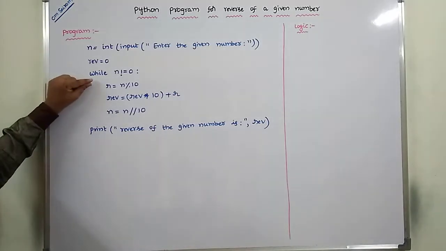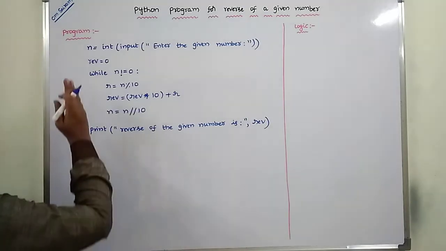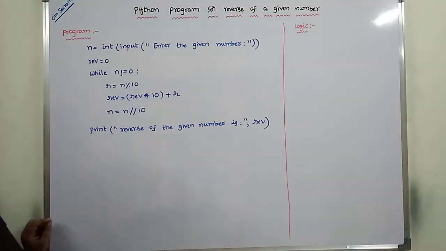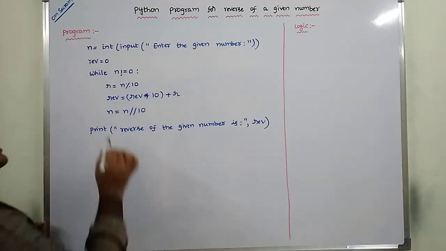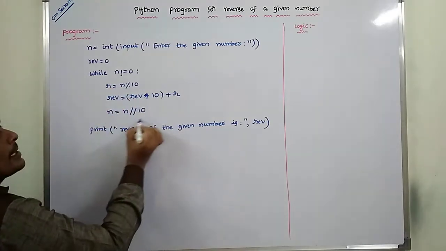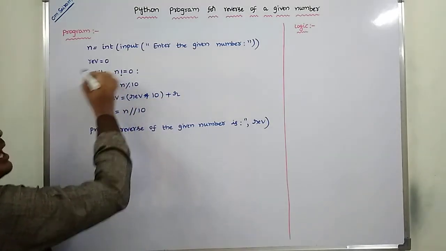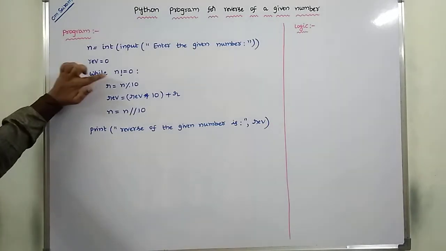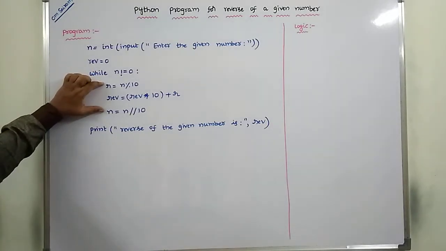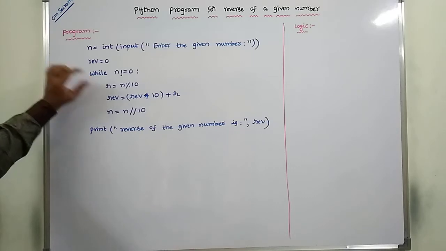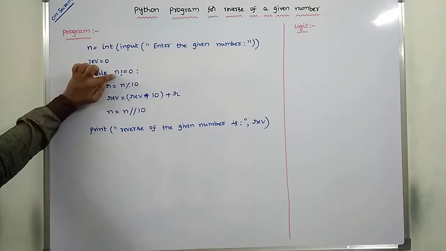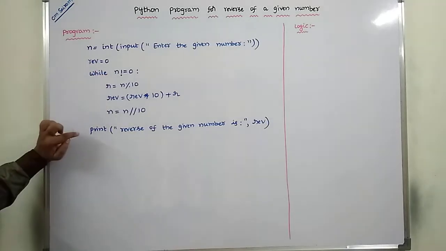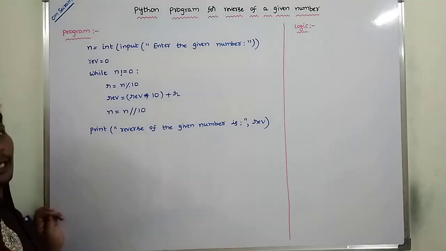Here the statements within the while loop are written after one tab space. So then we can say that these three statements belong to the while loop.